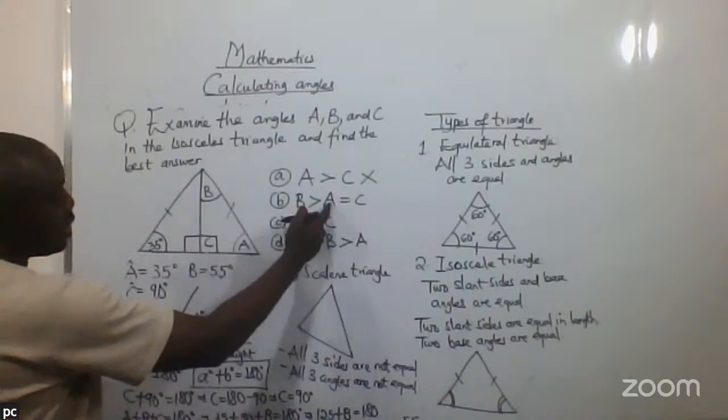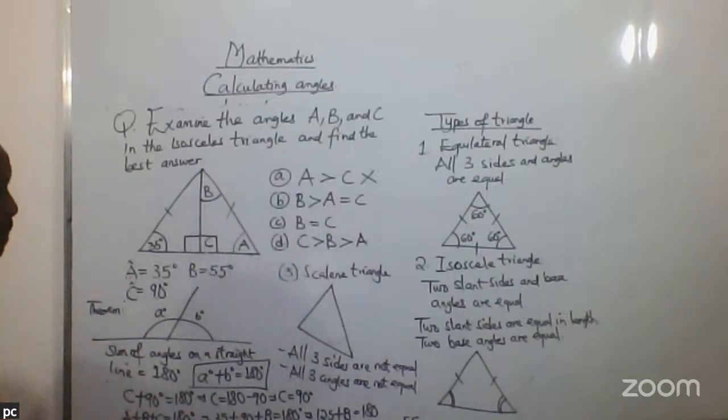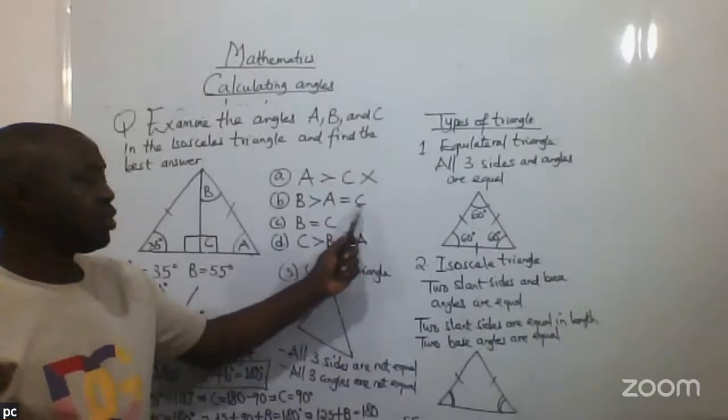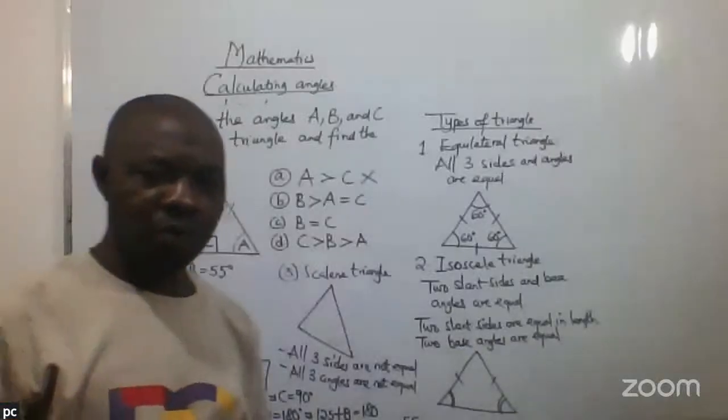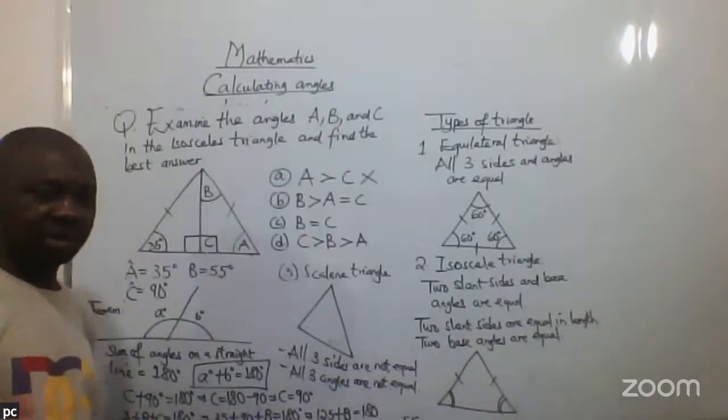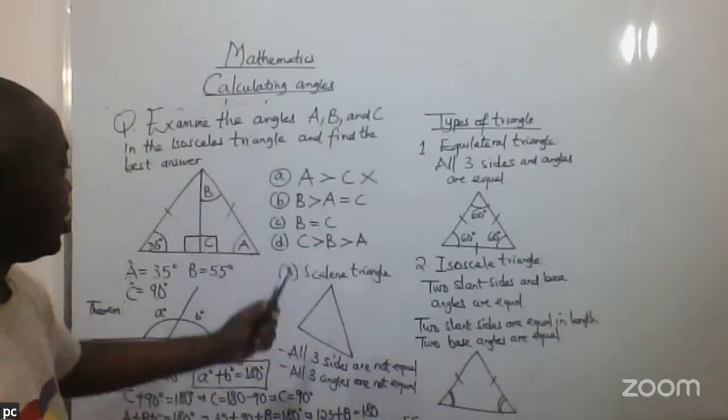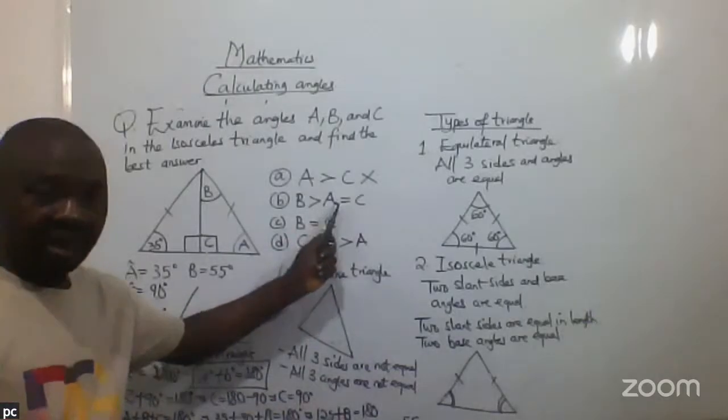Now, is B greater than A? Yes. Now, if B is greater than A, is it equal to C? No. Is your answer yes or no? Just tell me the answer. Is B greater than A and then A equals C?